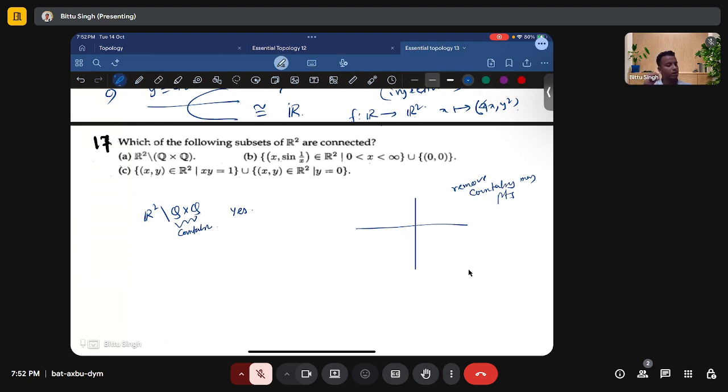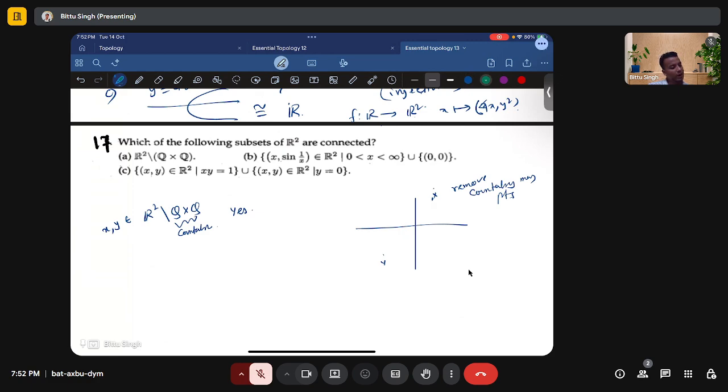How is it path connected? Consider x and y belonging to R2. We have only removed countably many points.